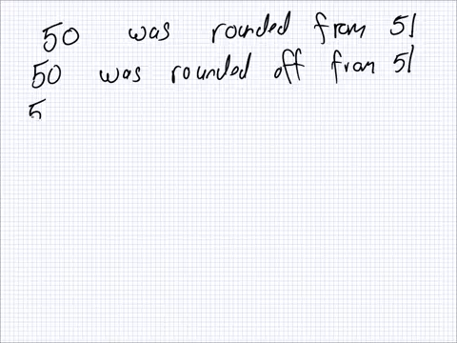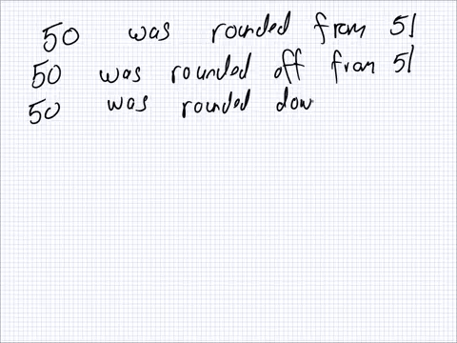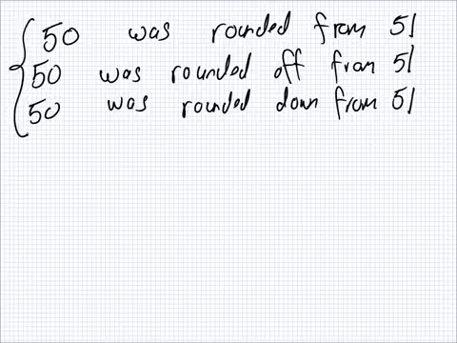And you could also say 50 was rounded down from 51. It went down from 51. All of these are fine. Like I said, nowadays I think it's just rounded. People don't really say off.